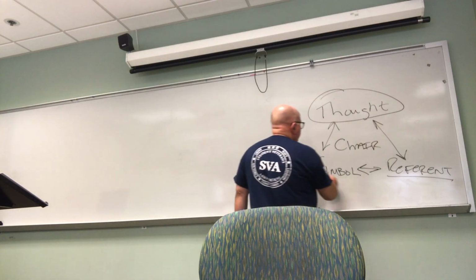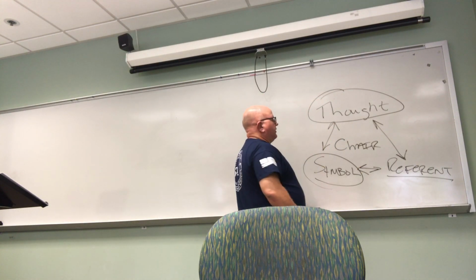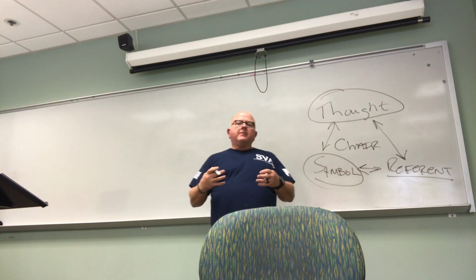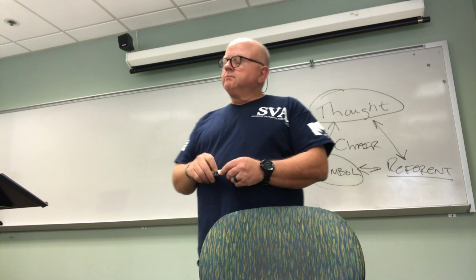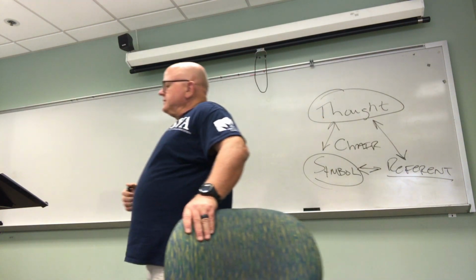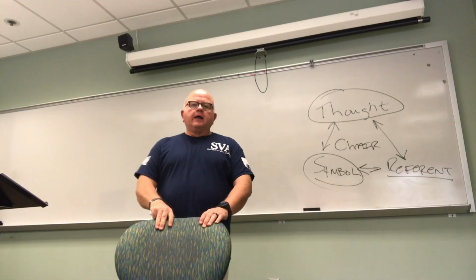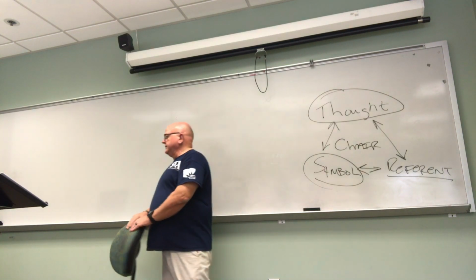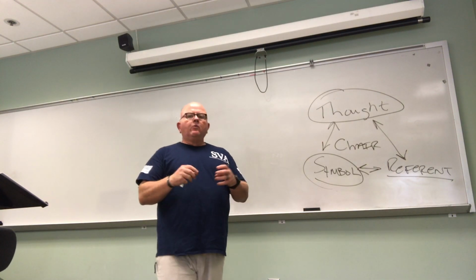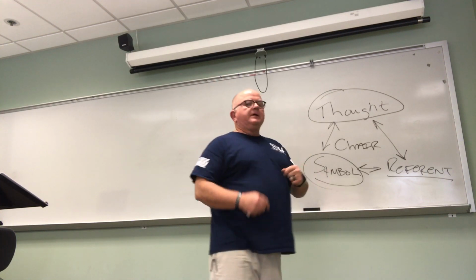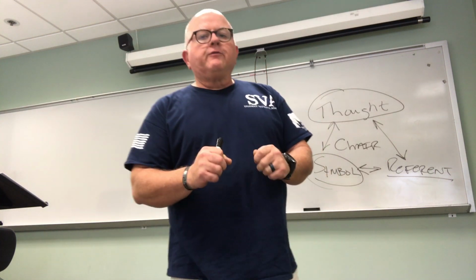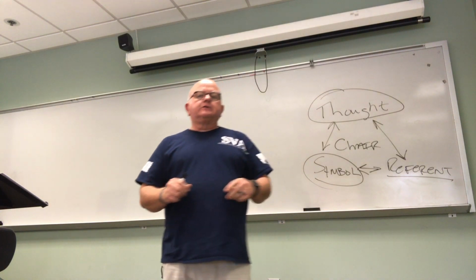And then I have a symbol, which is the word chair, that all combine together that allow us to share meaning. So the triangle of meaning allows us to bring thoughts, symbols, and references together to communicate and share meaning.